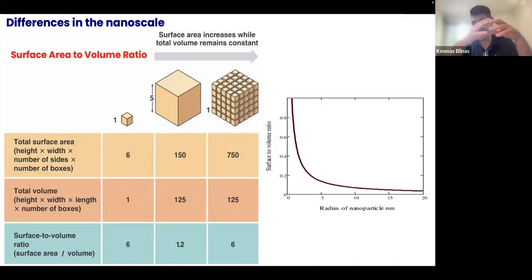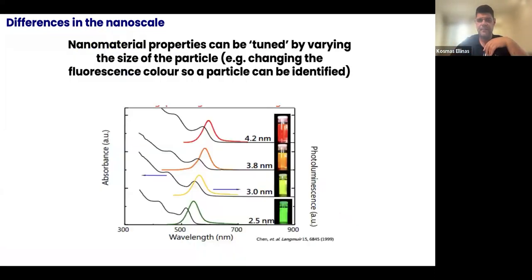So this increased surface area compared to the volume is one of the reasons that nanotechnology is important, because by increasing surface area, we can increase interaction between biomolecules, we can tune friction, we can do a lot of things. Another thing that is important is that the physical properties change.